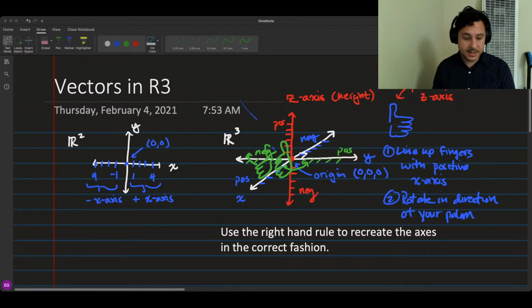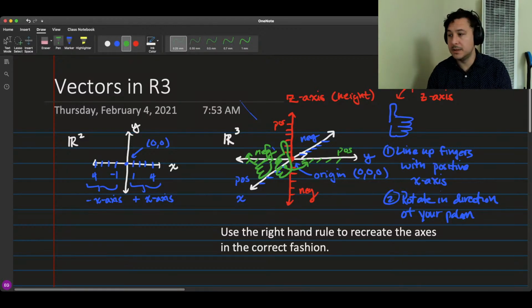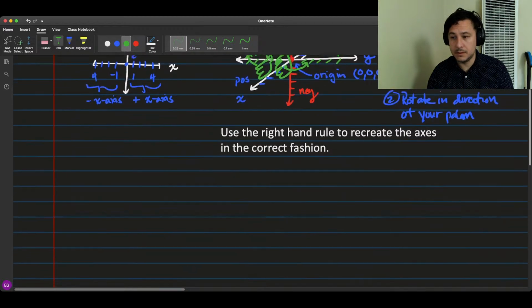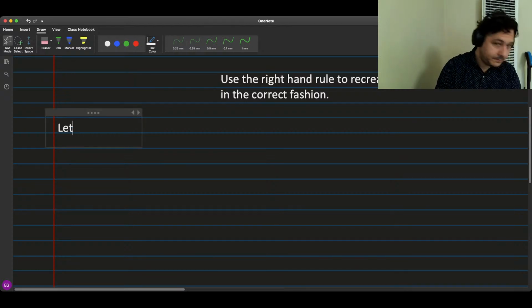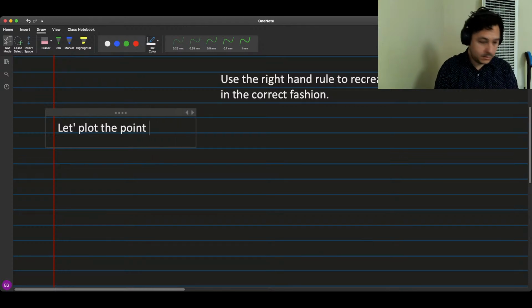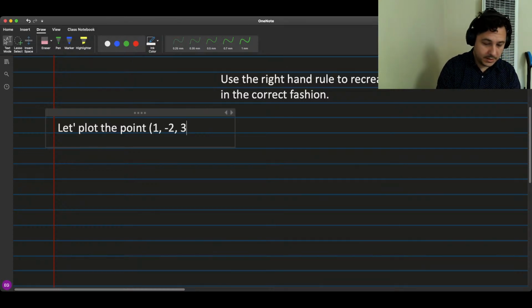Okay, so let's look at how this works. Let's plot the point 1, -2, 3.